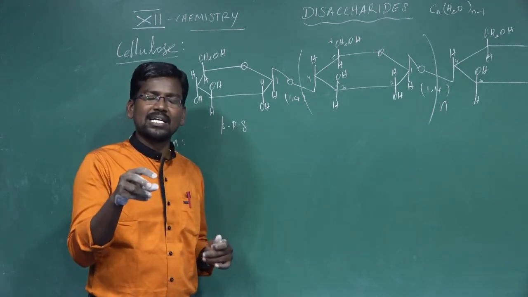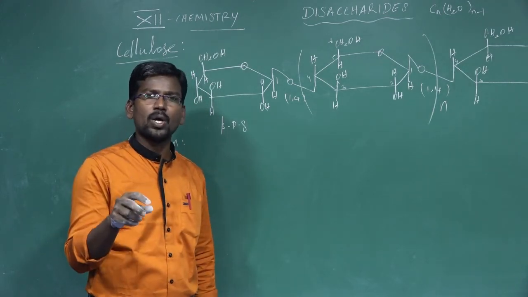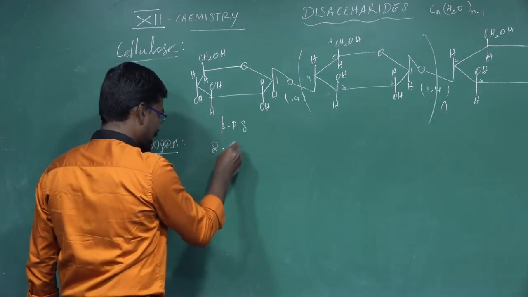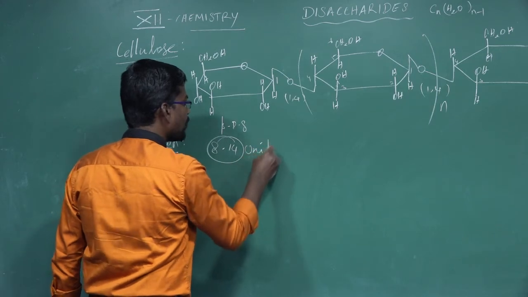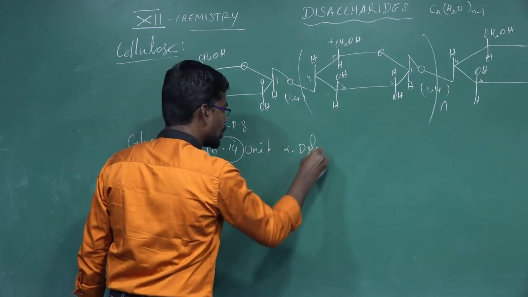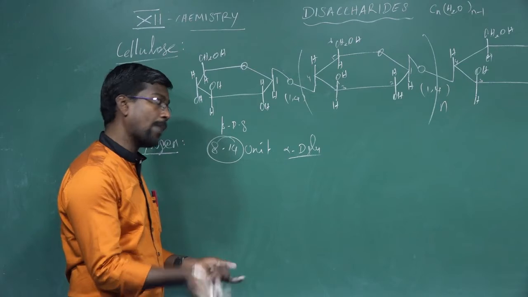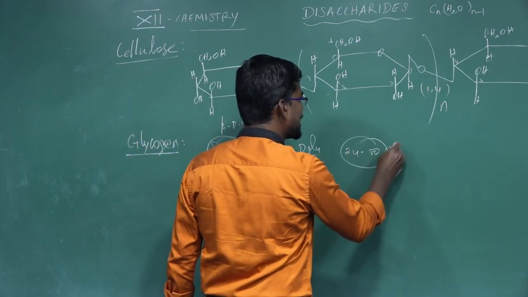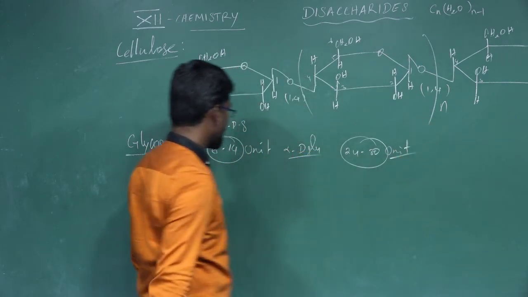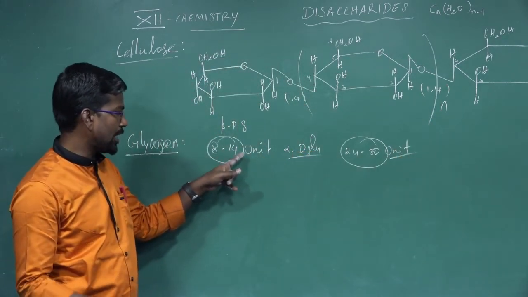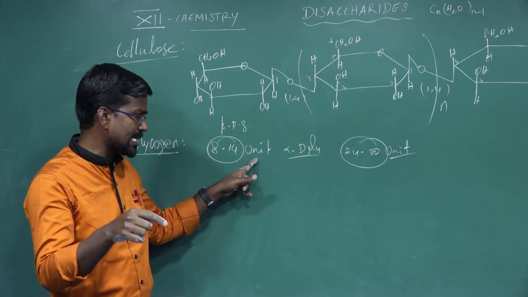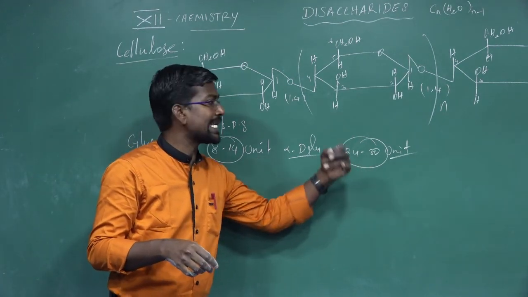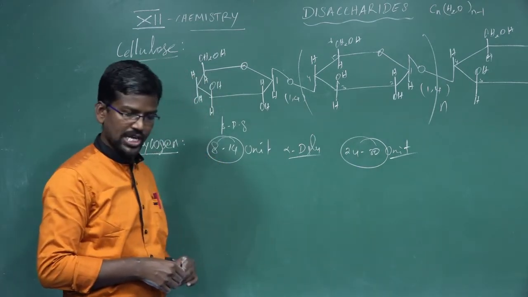In glycogen, the compound contains 8 to 14 units of alpha D glucose, as opposed to 24 to 30 units in the branched chain of amylopectin.